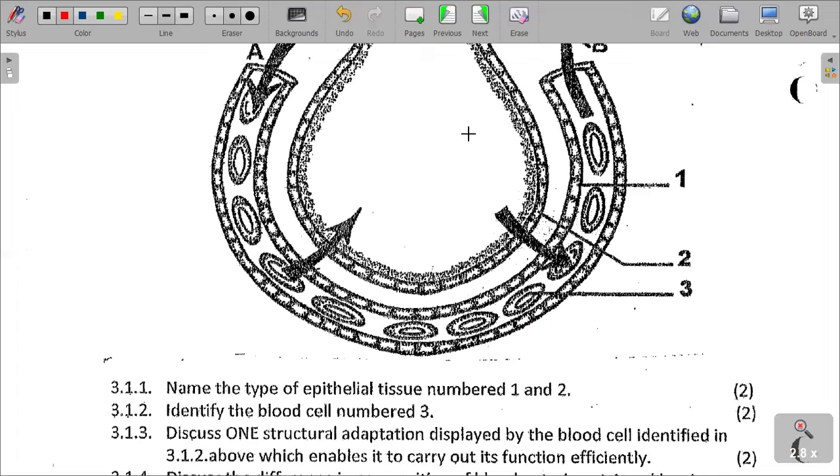The first question: name the type of epithelium tissue numbered 1 and 2. What is the epithelium tissue that is numbered 1 and 2? It is called the squamous epithelium.